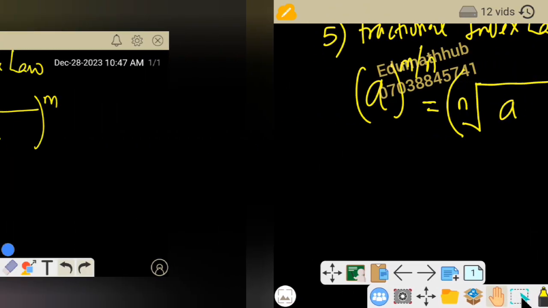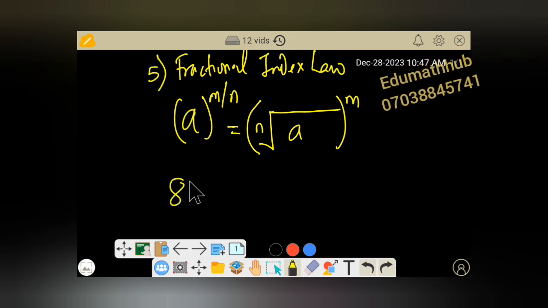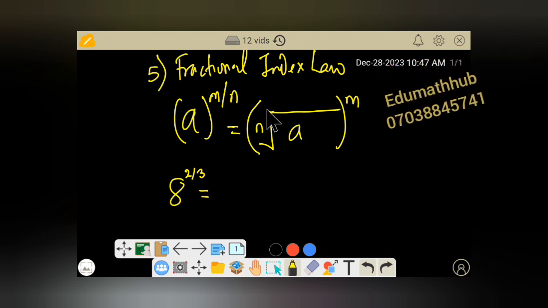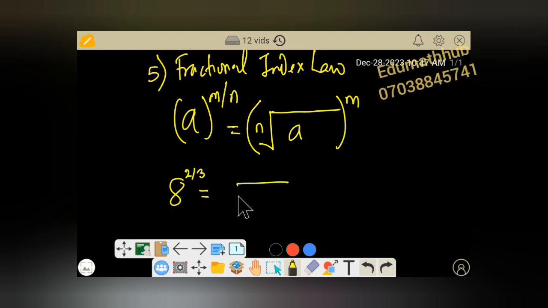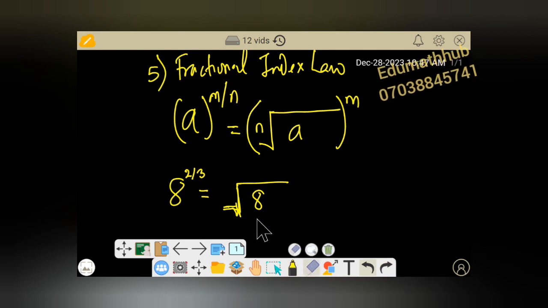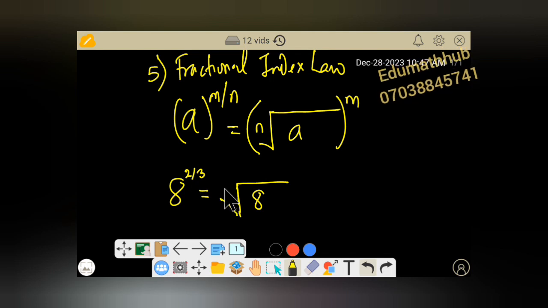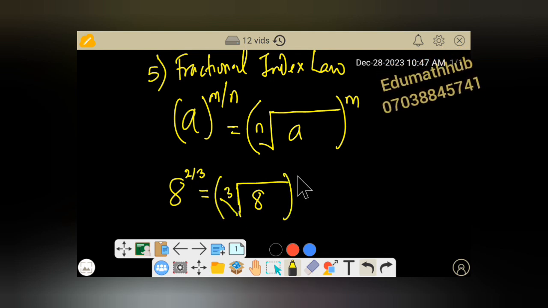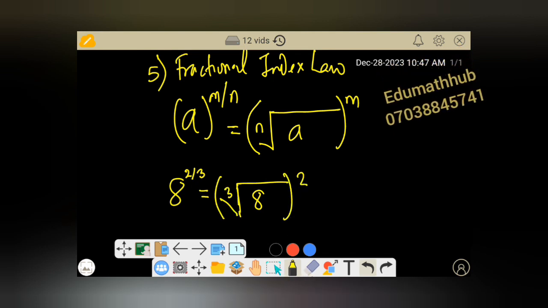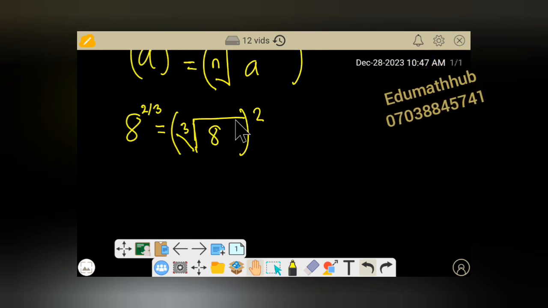If you have 8 raised to power 2 over 3, if you follow this formula here, you have your root sign, 8 will be inside here, then 3 will be here, then 2 will be outside like that.